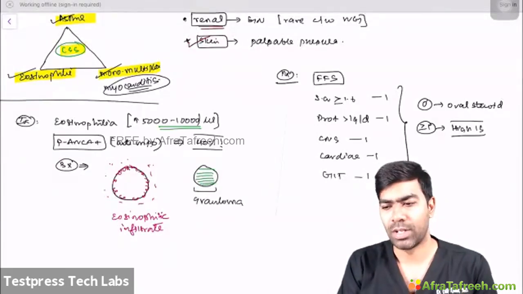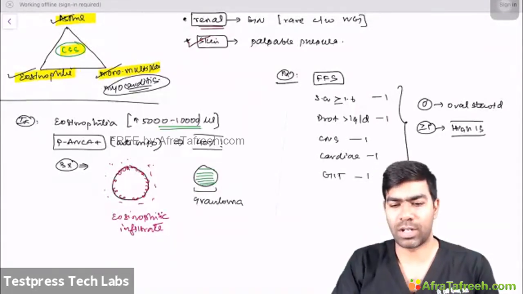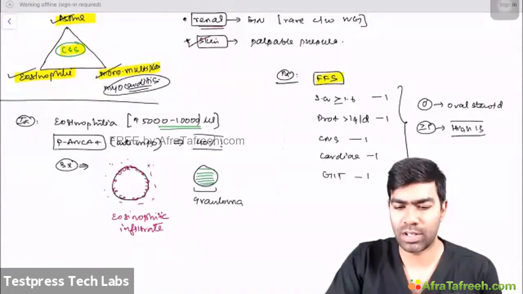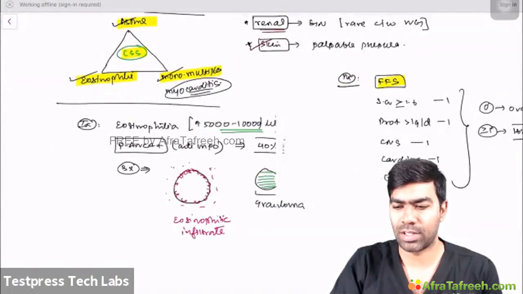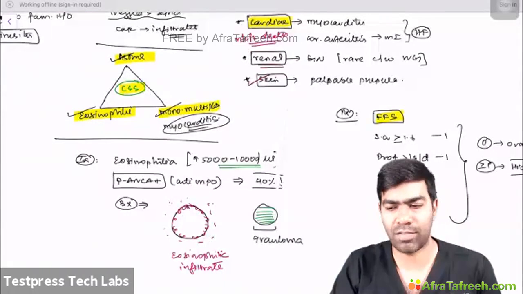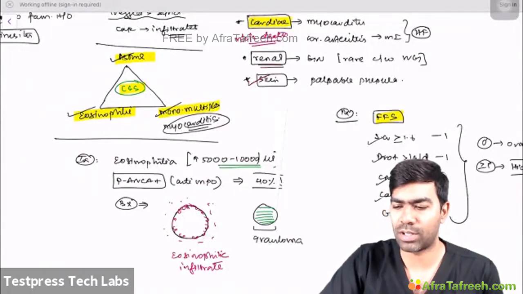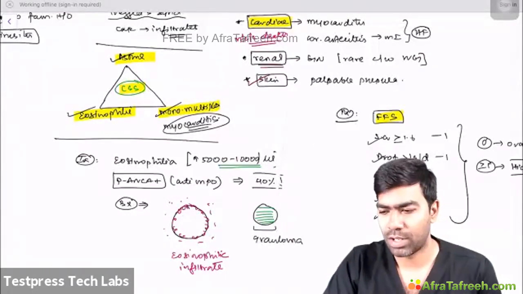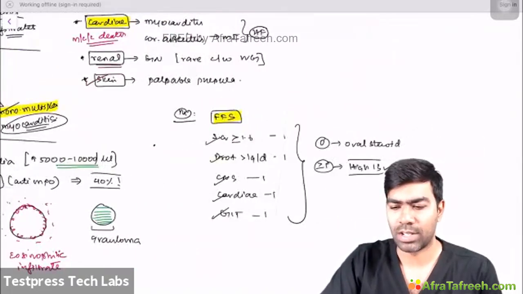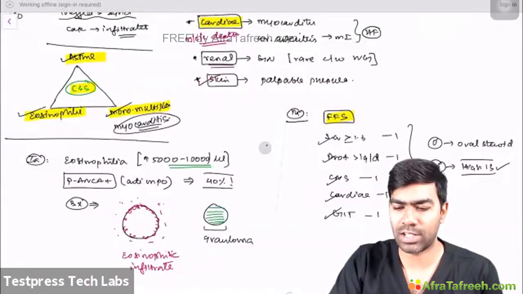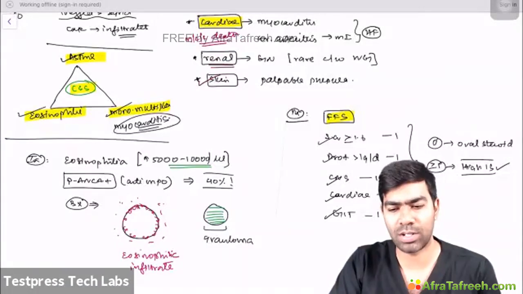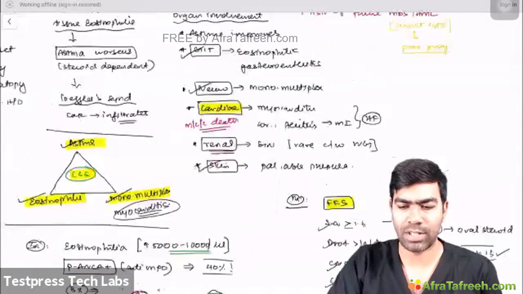So 0 means just oral steroid is enough, but treatment is totally based on the five-factor score. The idea is that if there is significant organ involvement, you have to give high-dose immunosuppression. If there is no organ involvement, and the patient has only asthma and minor manifestations, then oral steroids alone will be more than enough.